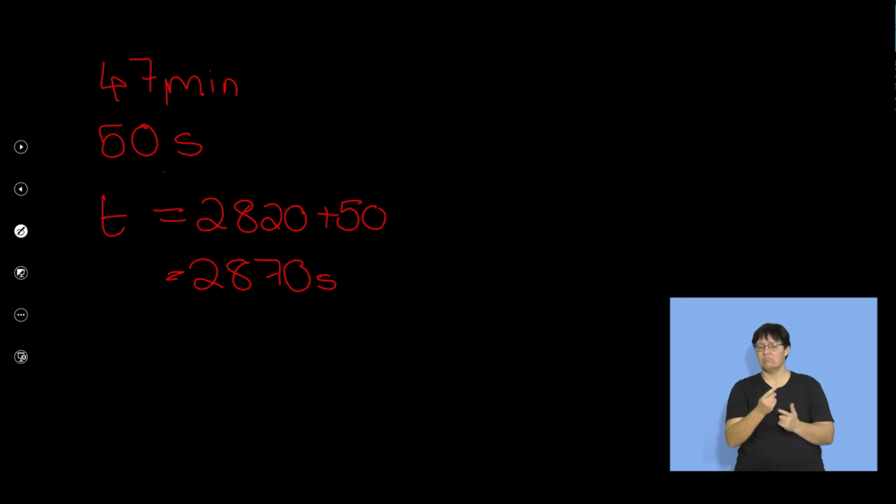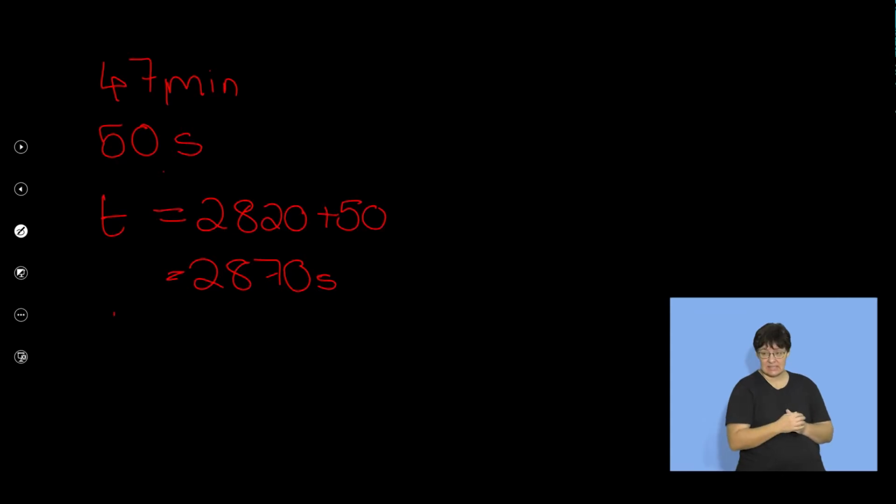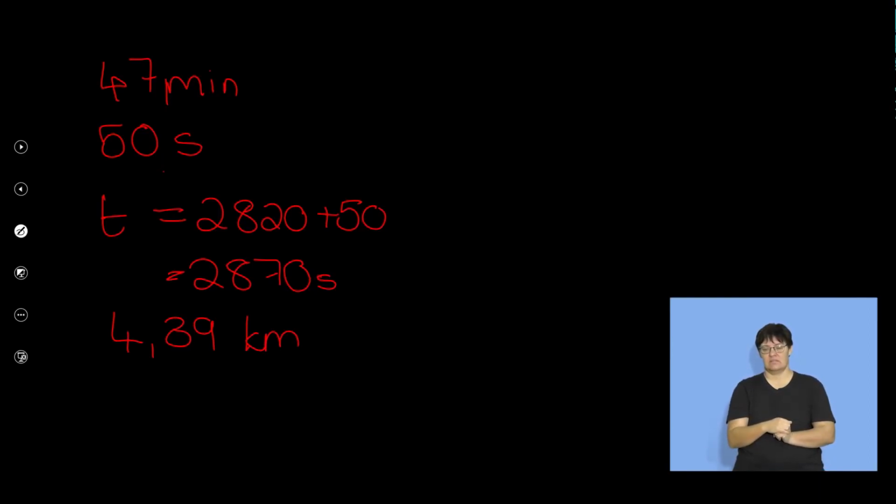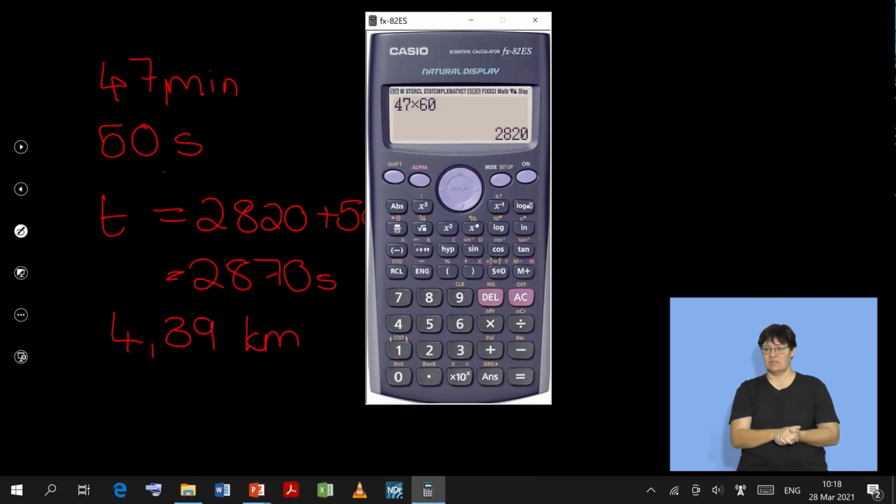Her average speed, now the distance that she traveled was 4.39 kilometers. And again, we can't work in kilometers, we need to work in meters. So I have to convert my kilometers to meters, and I do that by multiplying by 1,000, because there's 1,000 meters in a kilometer.